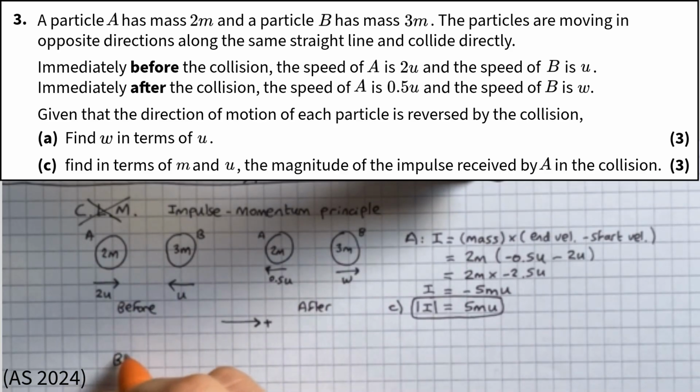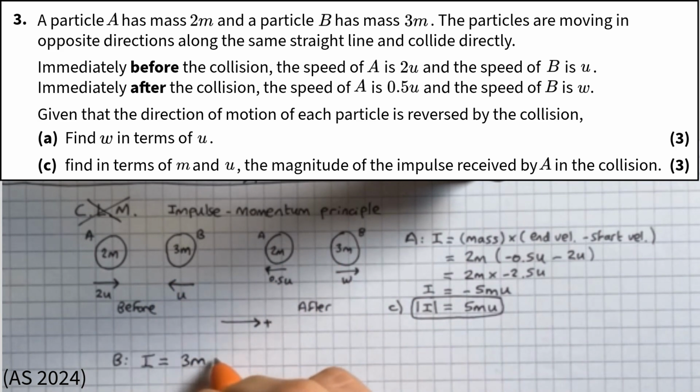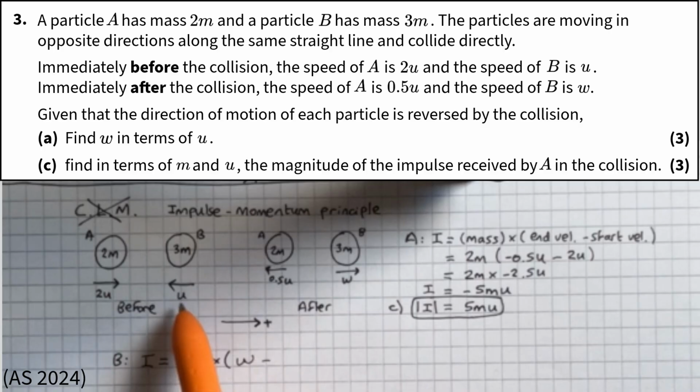So we're going to do part A by considering the impulse for B and then using this impulse momentum principle. So the mass of B is 3m. What's the end velocity of B? It's W. And it's positive because it's in the same direction. What's the start velocity?